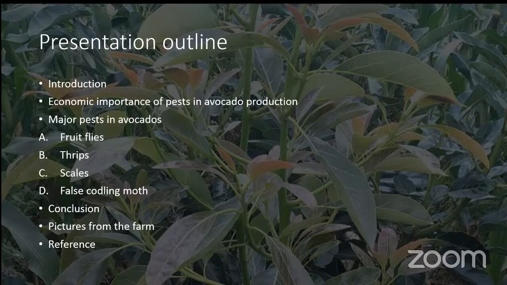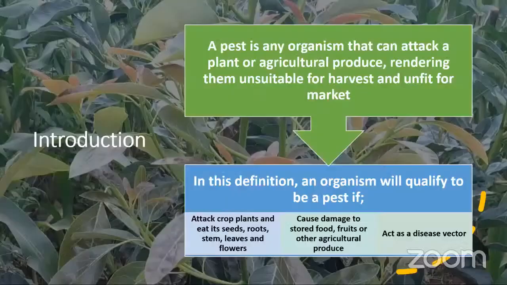Under this, there are four which I listed: the fruit flies, the thrips, scales, and the false codling moth. Then when we go through the pests and their management, I'll conclude the presentation. Then after the presentation, I'll show you a few pictures from our farm. Then I'll also give you a list of references for those who want to read more about pest management.